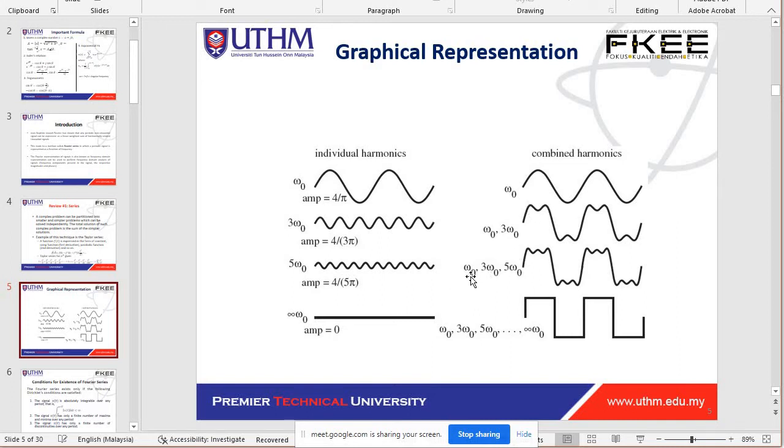Similarly, omega naught, 3 omega naught, and 5 omega naught combined, the harmonic forms at the bottom peak. So if omega naught, 3 omega naught continue up to infinity, it nearly goes to a perfect result.